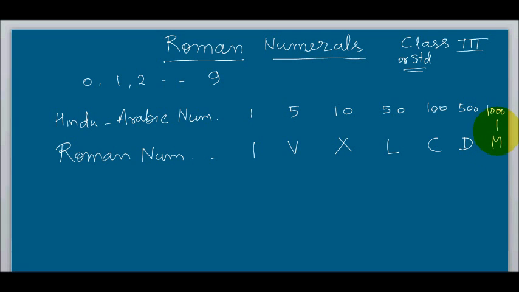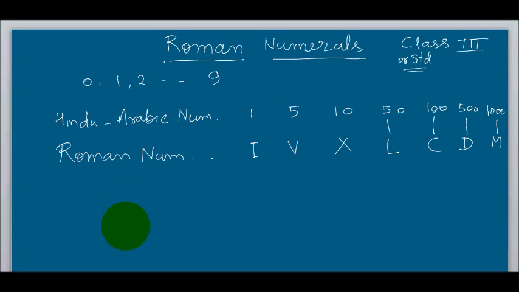M is 1000, D is 500, C for 100 and L for 50. So after knowing these numbers, now I will show you how to write the Roman numerals.